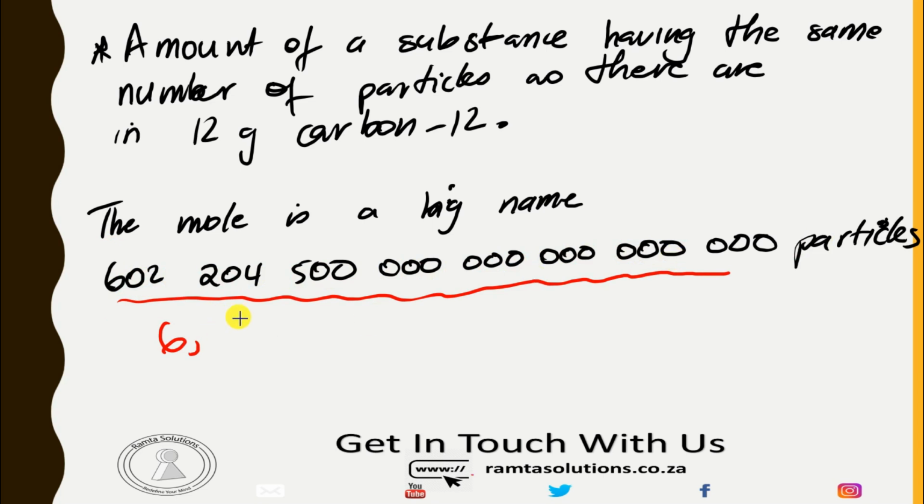So we can say this number is 6.02 times 10 to the 23 particles. So 1 mole is 6.02 times 10 to the 23 particles.